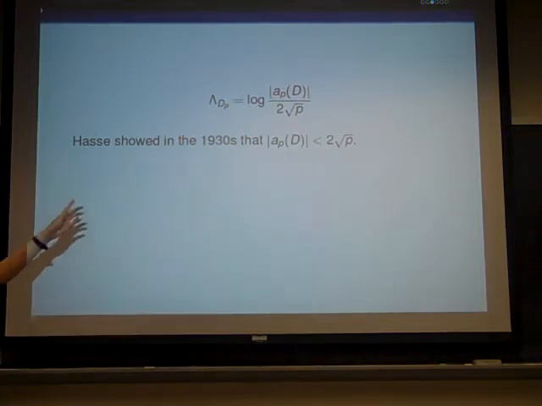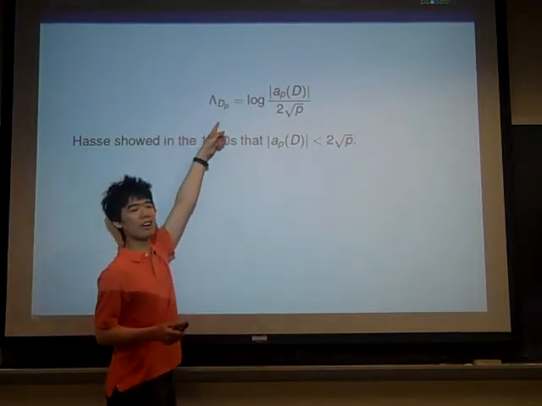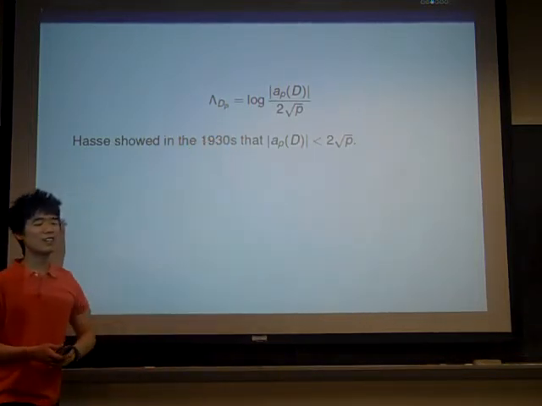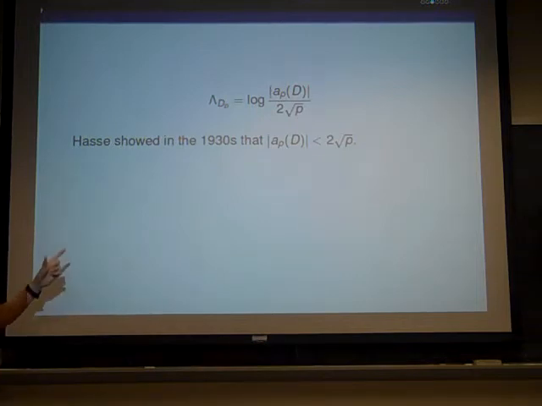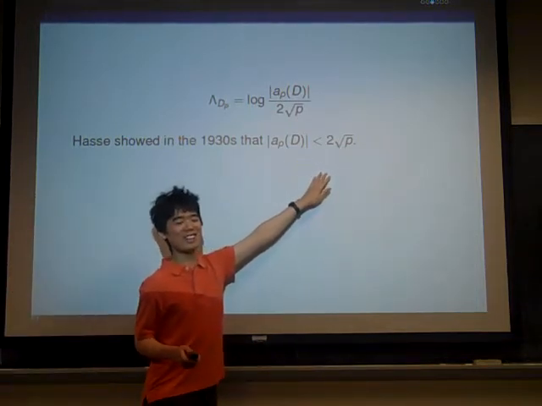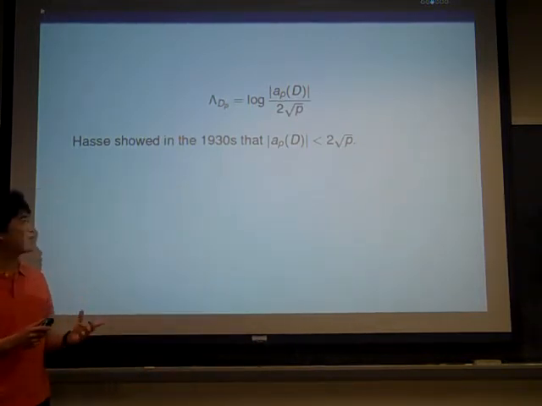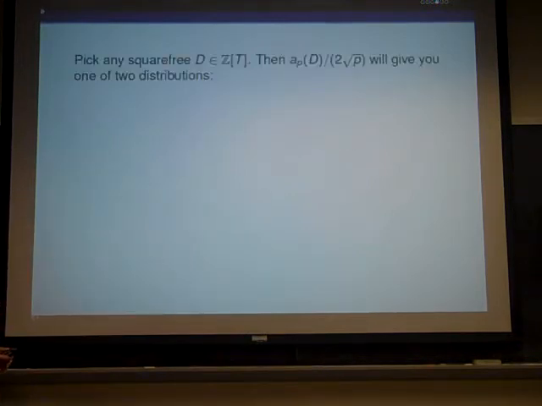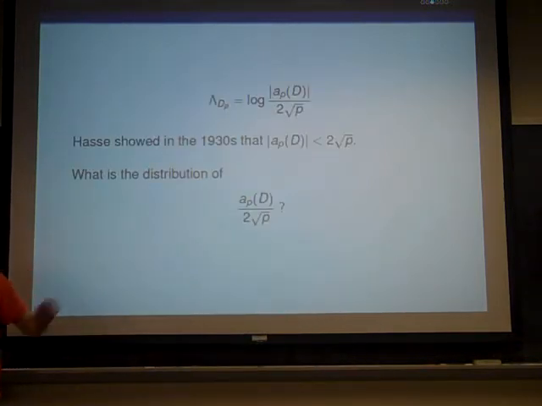And we want to ask what the supremum of all of these is. So we need to know not just this bound, but we need to know what the distribution is of that ratio.